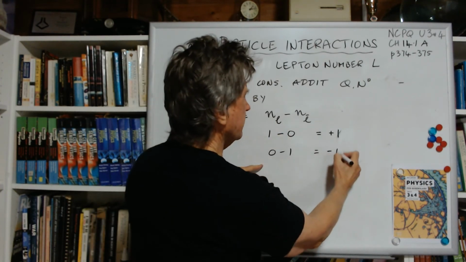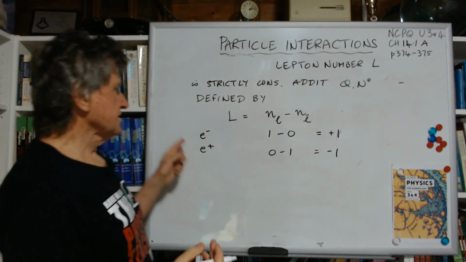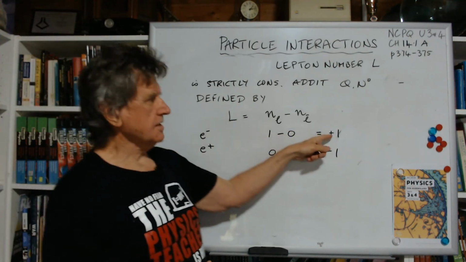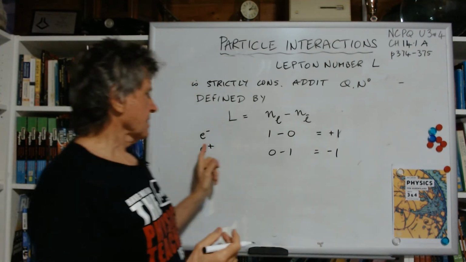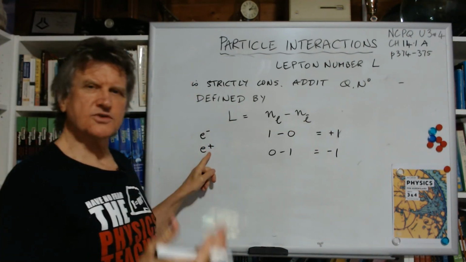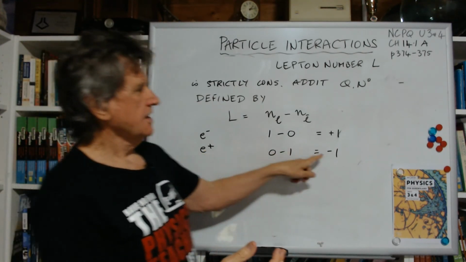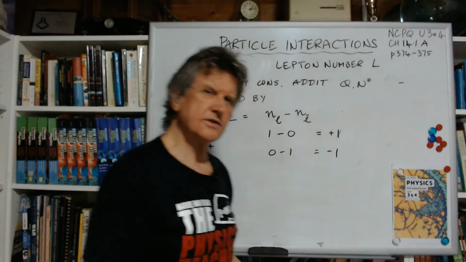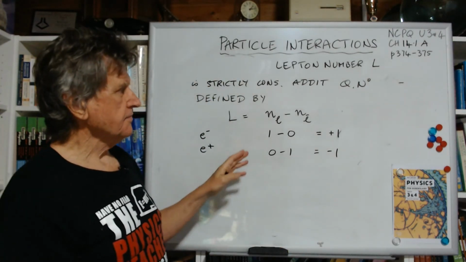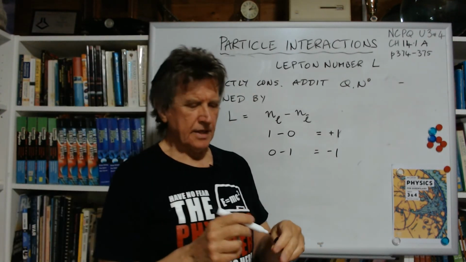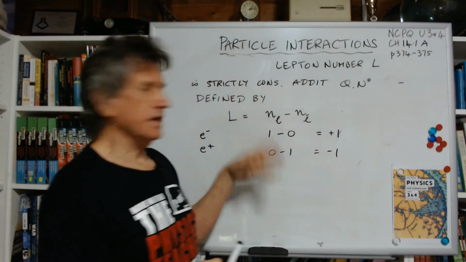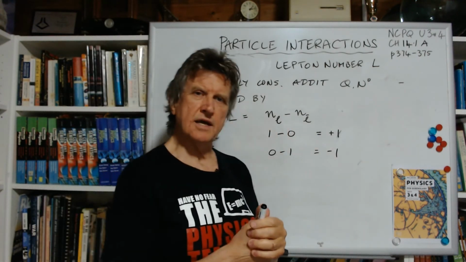This will be negative. Now what you'll notice is that the electron has a lepton number of +1, and the positron, or the anti-electron, which has a positive charge, has a lepton number of -1, and students get into a bit of a tangle. Luckily, you won't be asked to do any calculations on the exam.